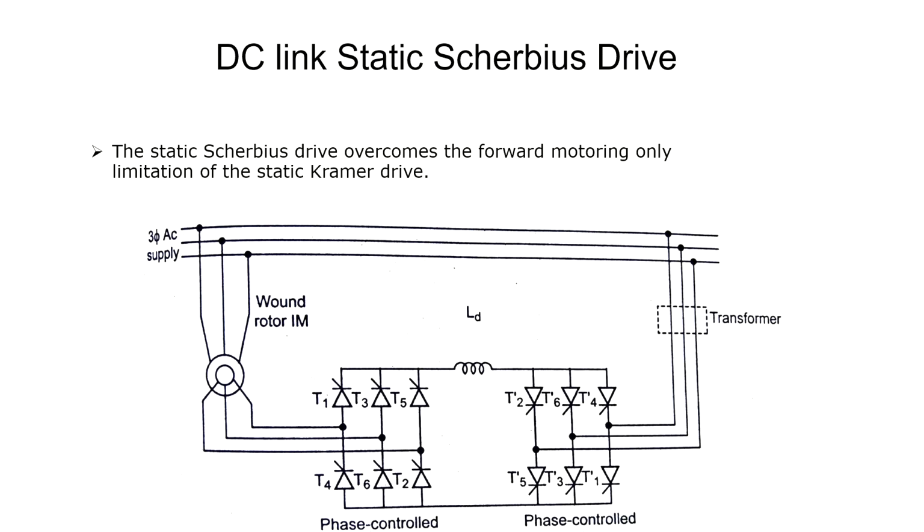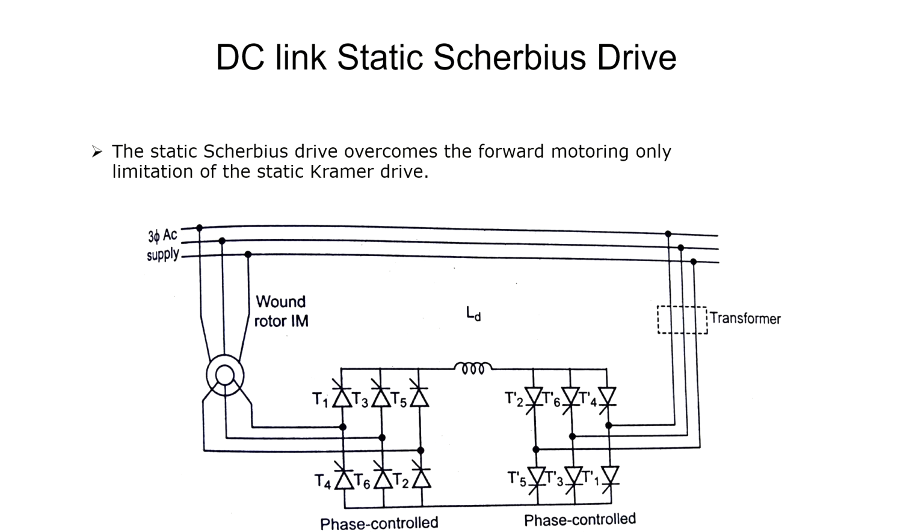Here the rotor voltage at slip frequency is used to commutate the thyristors present in the converters. At low speeds, the voltage across the rotor will be less, and it may not be sufficient to naturally commutate the thyristors. This difficulty can be overcome by using forced commutation.